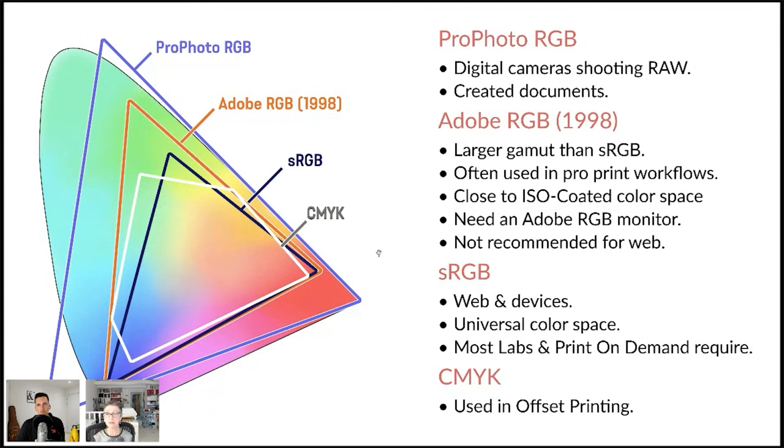So people who are professionals in print will often work in Adobe RGB, and it's actually a really stable environment for faithful print output. But there are catches to that. You need an Adobe RGB monitor to really take advantage of that color space. And most of our monitors are sRGB.